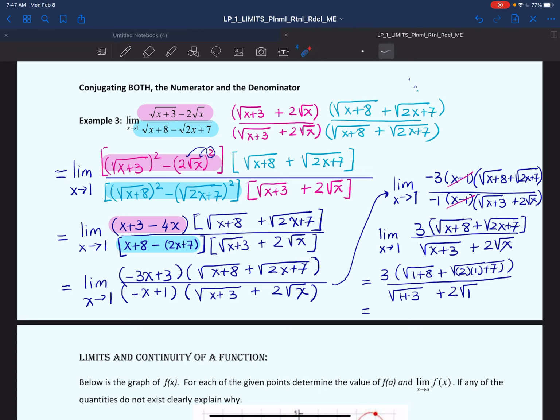And here we get another root of 9, which is 3. So we have 3 times 3 plus 3. And this would be over root of 1 plus 3, which is root of 4, or 2, plus 2. So the answer in our case would be 3 times 6, 18, over 4, or 9 over 2. So we're going to say that this limit would equal 9 over 2. That's the answer.